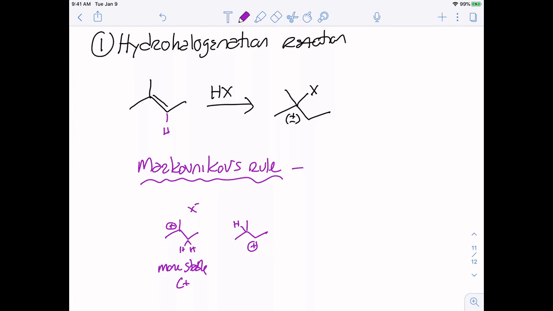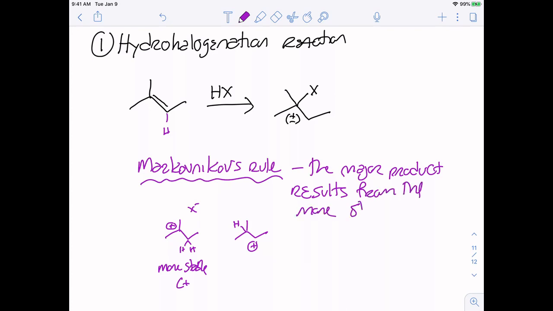So essentially the major product results from the more stable carbocation intermediate, which is the more substituted one, right?